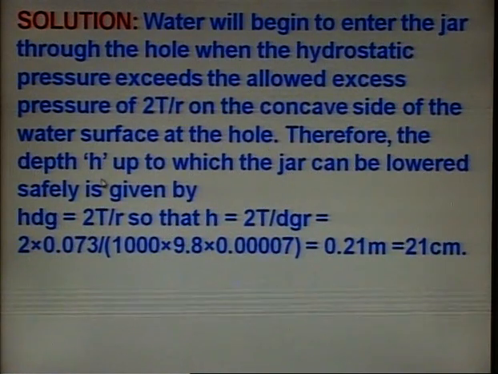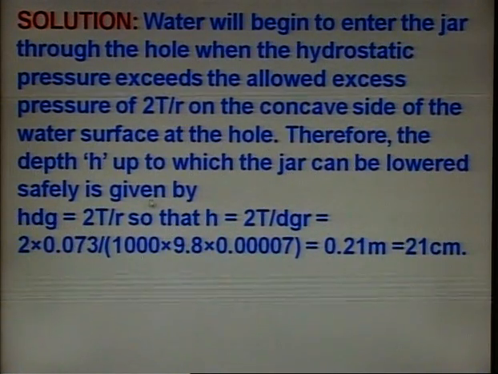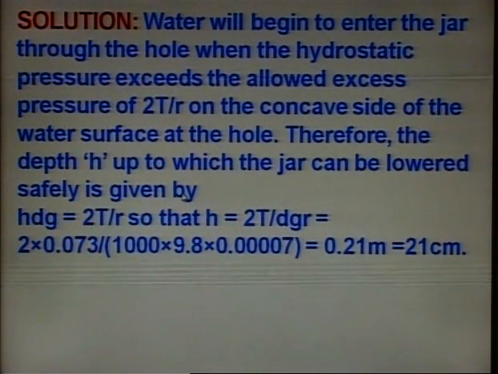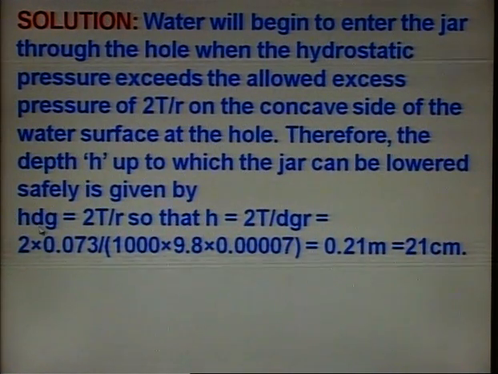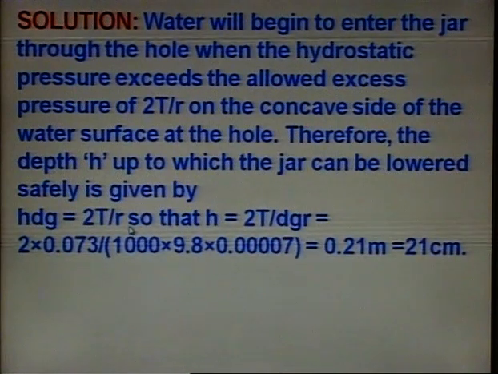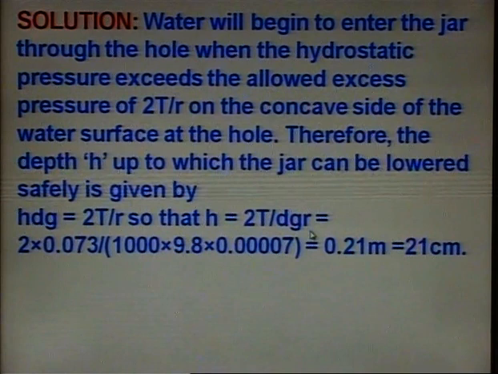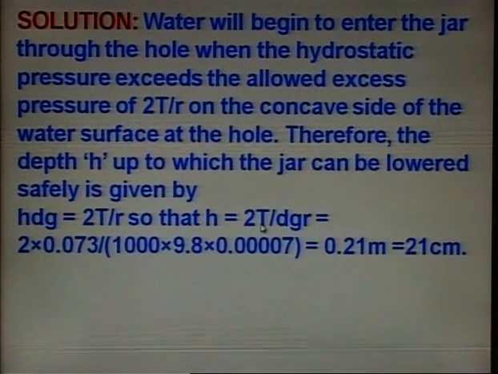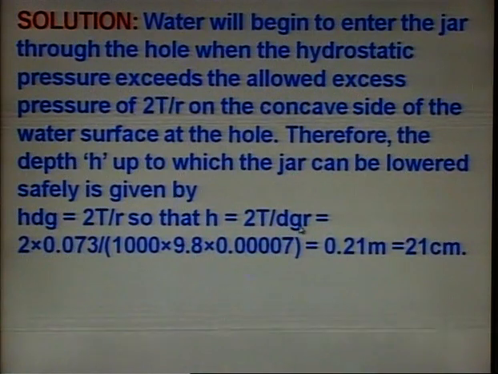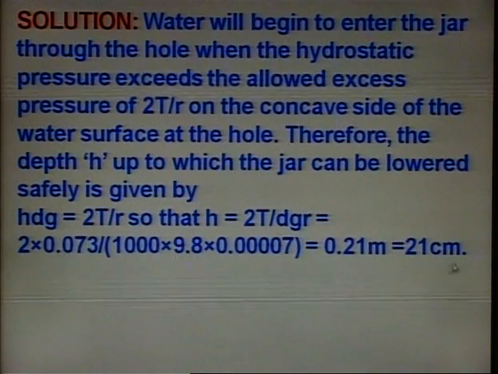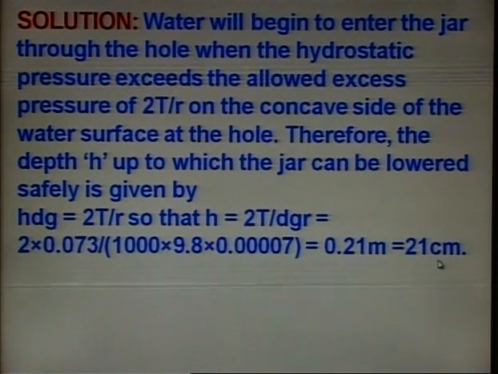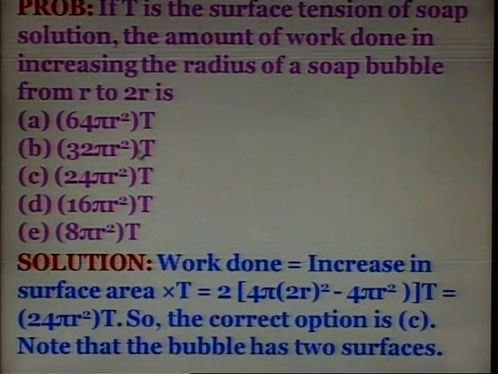Therefore, the depth h up to which the jar can be lowered safely is given by h d g is 2T by R, so that h is 2T divided by d g R. Substituting these values, T tension, d density, g acceleration due to gravity and R radius, this height comes out to be 21 centimeter. So the solution is 21 centimeter.